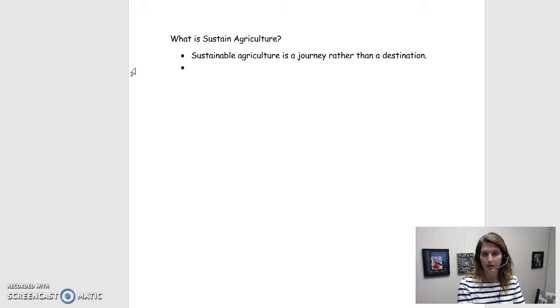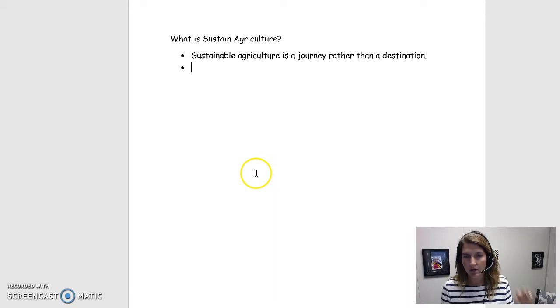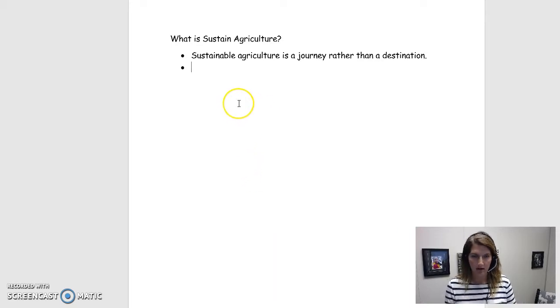What that means is that sustainable agriculture is constantly changing. Everything is updating or changing. Things that might have worked 10 years ago do not work now, and that's the same for sustainable agriculture. So we don't ever want to hit our destination because everything's changing, and so we want this to be a journey. I think that is a great opening statement.